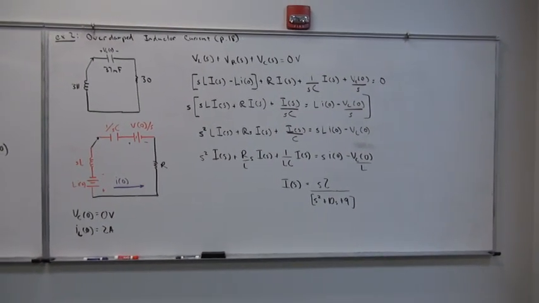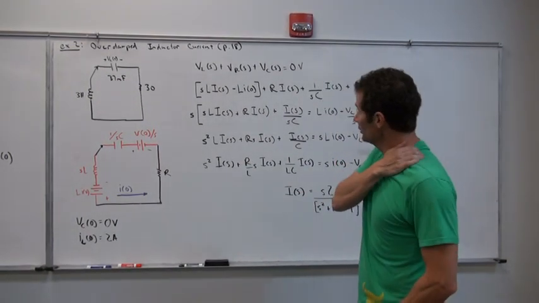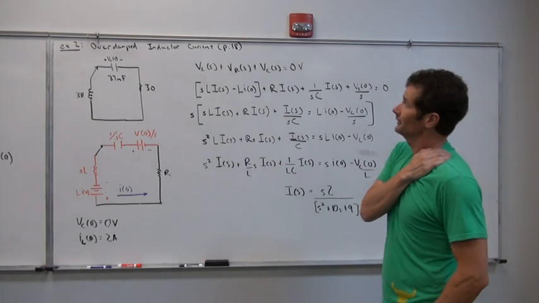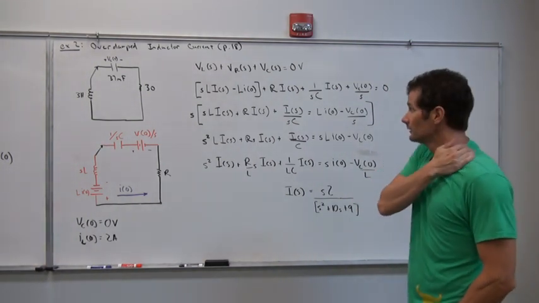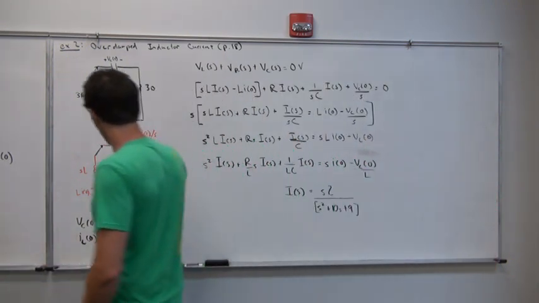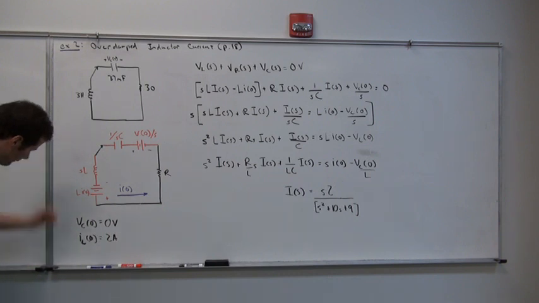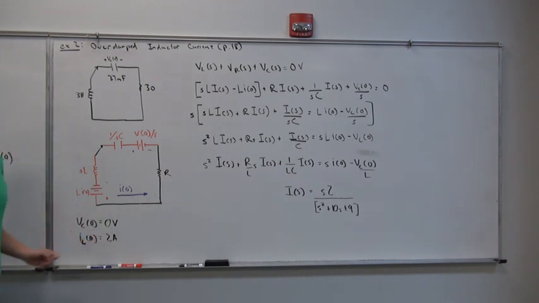All right, so in example 2, just like we did with the overdamped case for the inductor current on page 18, we're just going to do what we did before. We already know that the initial conditions for that problem were VC of 0 equal to 0 volts, IL of 0 equal to 2 amps.